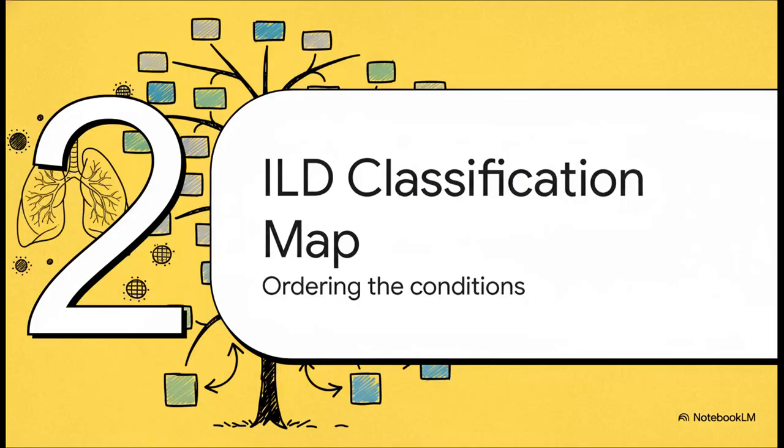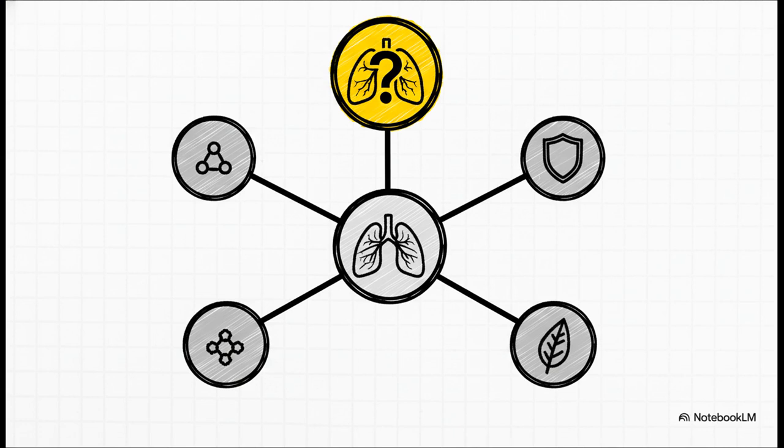Okay, so you can probably see how complicated this gets. With hundreds of conditions, we absolutely need a structured way to classify them. So let's take a look at the modern framework doctors use to categorize all these different diseases. The latest guidelines from 2022 basically sort all ILDs into 5 main buckets. For our purposes today, we're really going to zero in on the biggest and most clinically important group, the idiopathic interstitial pneumonias, or IIPs.